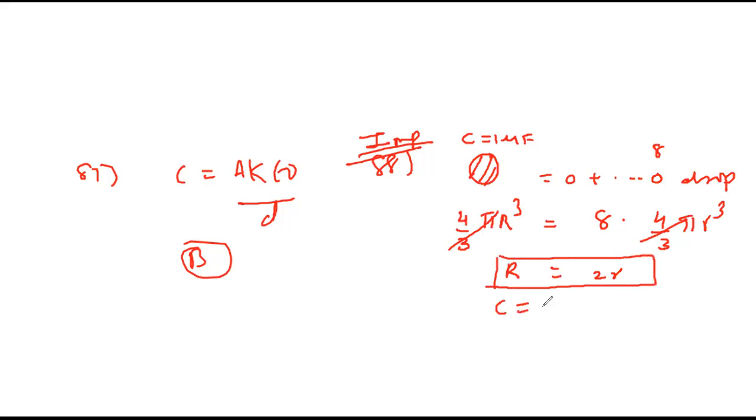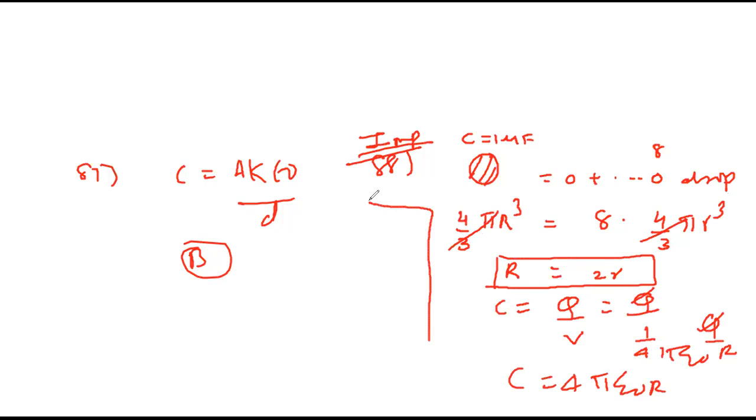What is capacity of sphere? Capacity is q by v. For sphere, potential is 1 upon 4 pi epsilon q by radius. Q cancel. So capacity is 4 pi epsilon 0 r of spherical conductor.